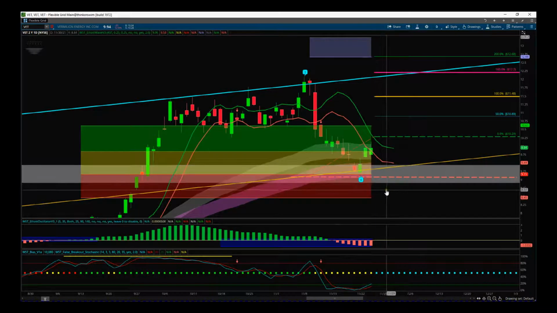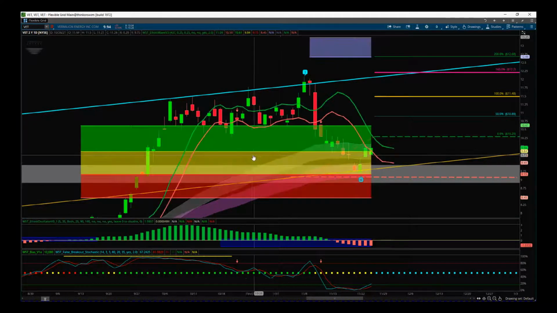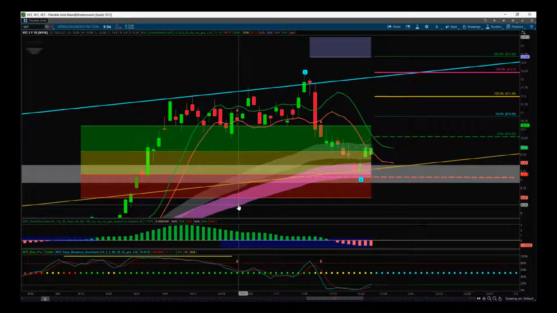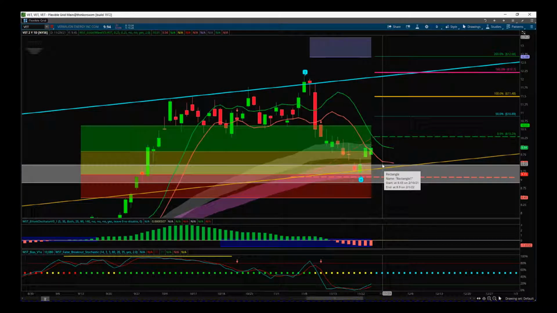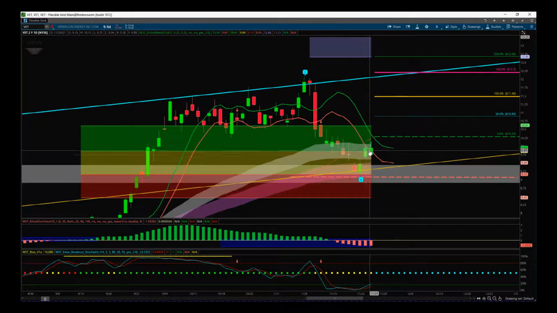If it breaks that, it's not going to hold. So far we've got linear support from the support resistance zone and the probability pullback zone. We've got non-linear support from the 89 EMA cloud, but also the center line of the channel. So there's a lot of support right here, and it's moved away the last couple of days.